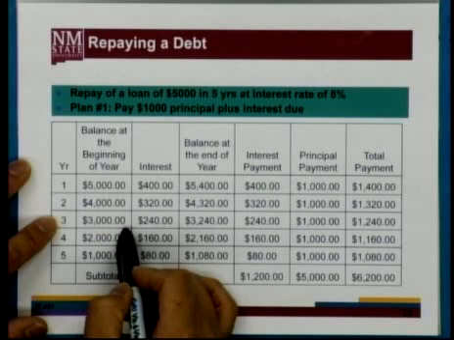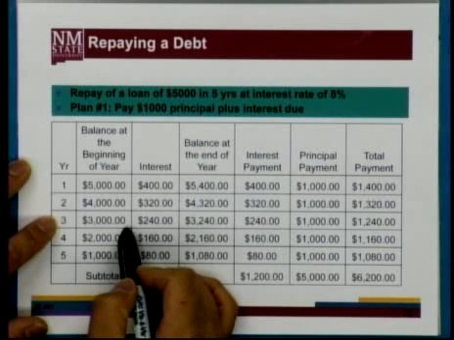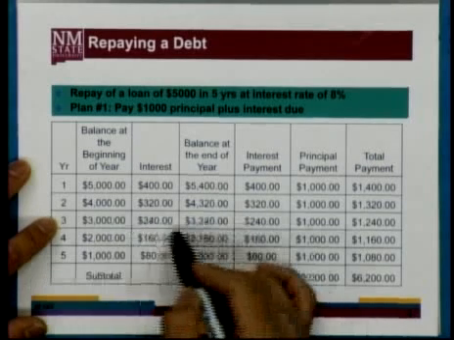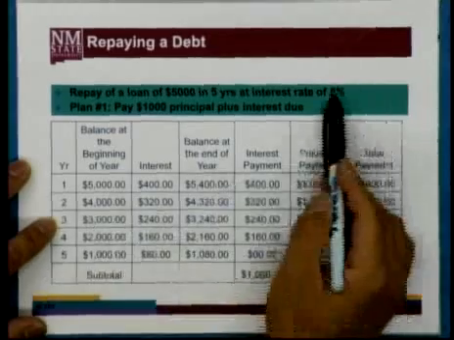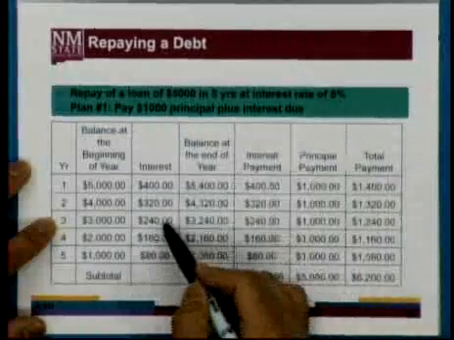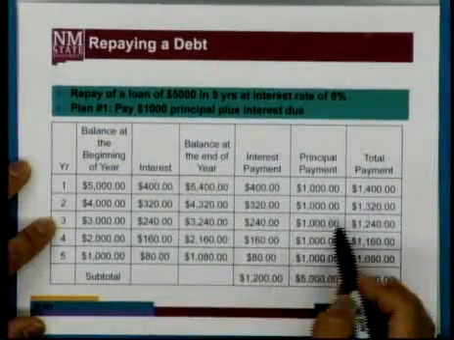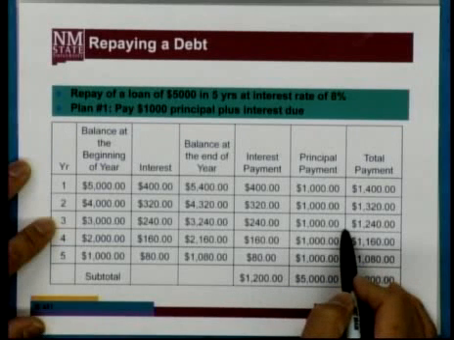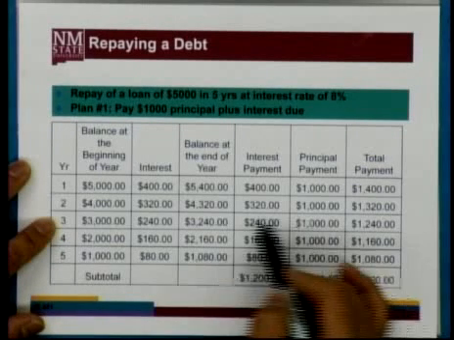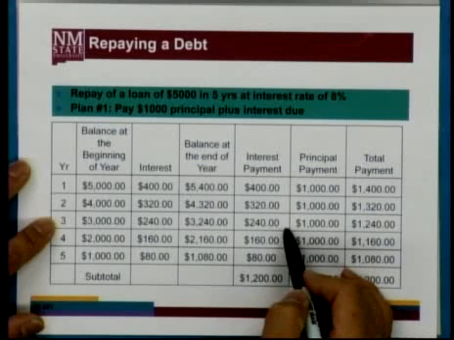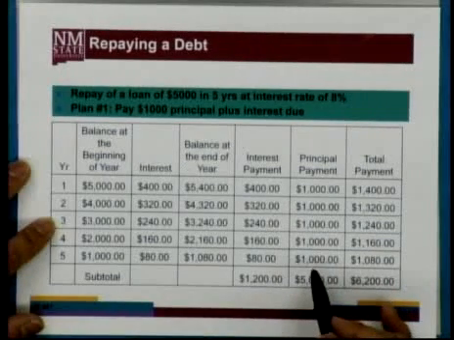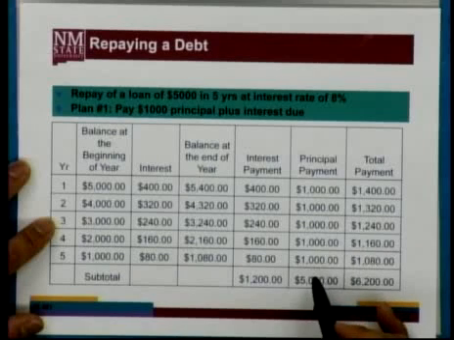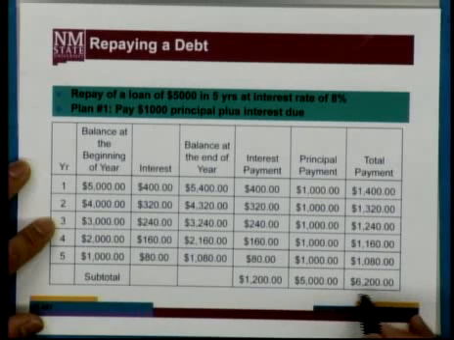And the interest amount at year number 3 would be $240, which is from 3,000 times 0.08, right? So end of year payment would be 1,000 principal plus 240 interest. In this way, this loan is fully repaid at the end of year number 5.